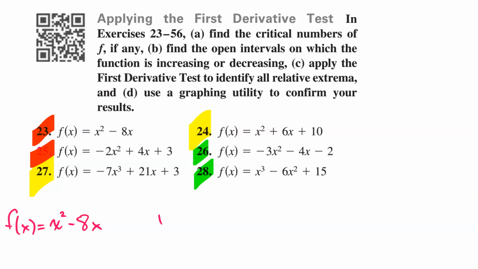Our first job is to find our critical points. And remember, critical points are going to be where our derivative equals 0. They are our candidates, all right, for max and min, for relative max and relative min. So we're going to find our derivative, and then we're going to set it equal to 0.